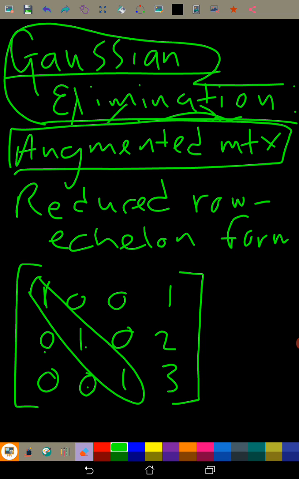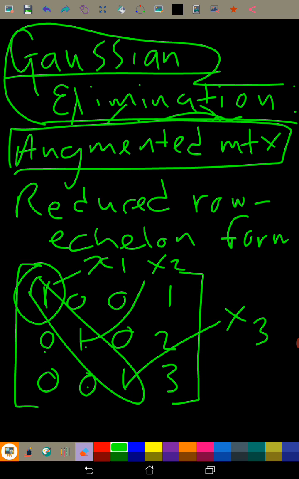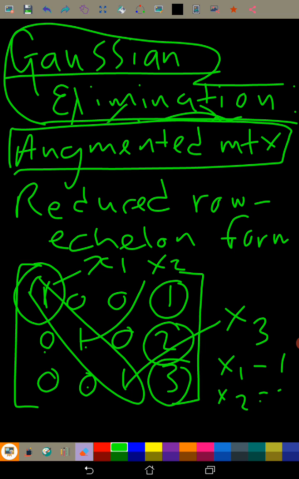These are called pivot something; we will look at this term. This column is the first variable x1, this is x2, and this is x3, because we put them in specific order. So x1 is equal to 1, x2 is equal to 2, and x3 is equal to 3.